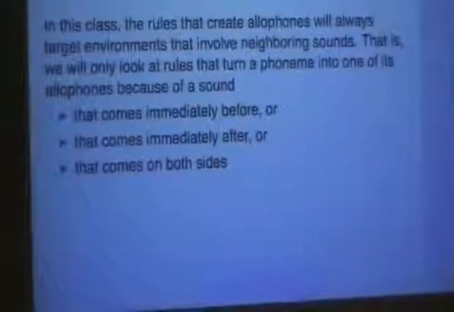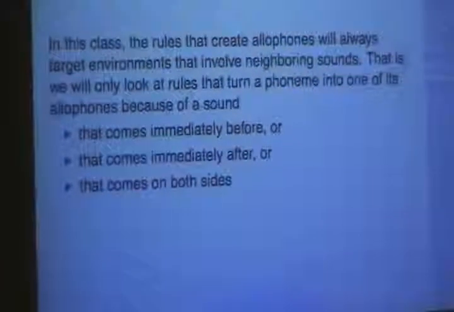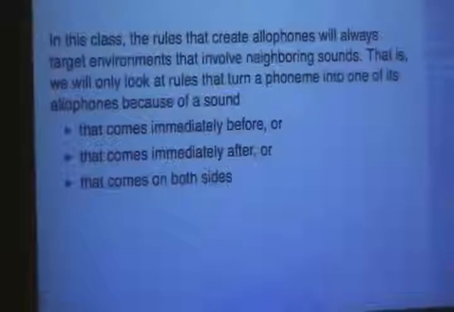Is there a rule that turns this into this based on the sound that comes right before it? You should also look at what sound comes immediately after. And you should also look to see, does it matter what sounds surround some sound? So there could be a rule that will turn something into something else based on being surrounded by a kind of sound.